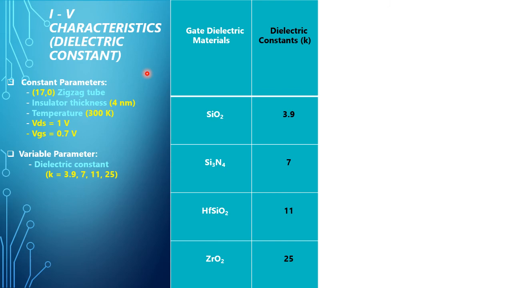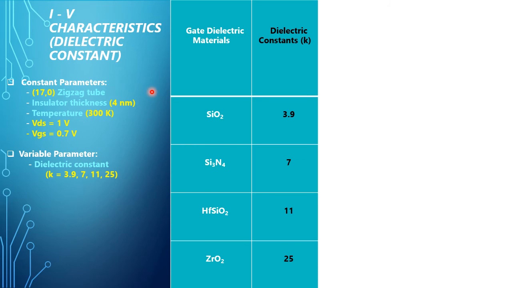Before we reach the conclusion of which one is the most preferable one, I would like to demonstrate the modification of the dielectric constant, which leads to the current voltage characteristics of these two CNT FETs. This table demonstrates the dielectric materials that I have chosen for this project specifically.